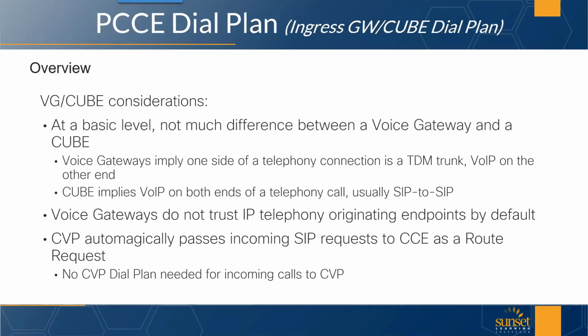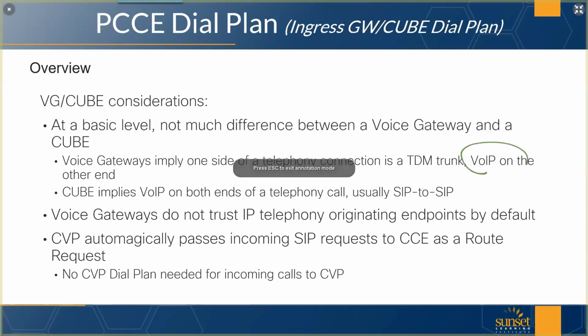The voice gateway, or the basic voice gateway, if you like, implies one side of the telephony coming from the carrier as either a TDM trunk or ISDN or something of that nature, and on the output side, VoIP. CUBE implies VoIP on both ends of the telephony call, and it's usually going to be a SIP to SIP environment.